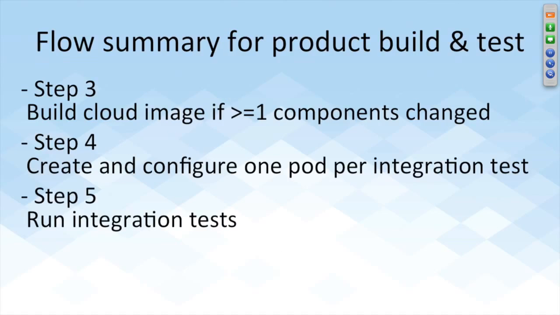So in summary, to build the product image or the cloud image, we set up TeamCity to start the build and test cycle if one or more components have changed and have been built successfully. We then create and configure one pod per integration test, and then we run the integration tests.